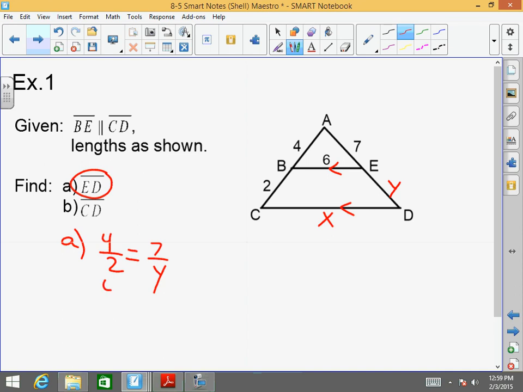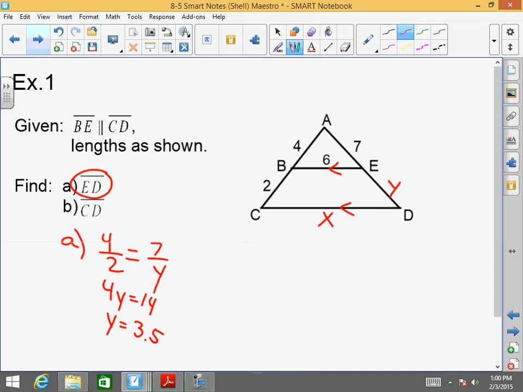So let's cross multiply. 4y equals 14. Y equals 3.5. Or I could have gone 2 to 4 equals y to 7 and rendered the same answer. I could have gone 4 to 7 equals 2 to y, or 7 to 4 equals y to 2, and rendered the same answer.